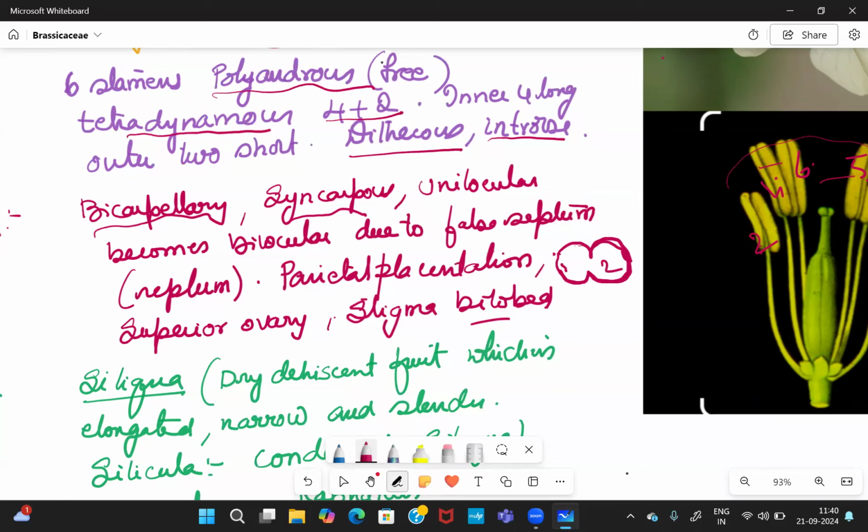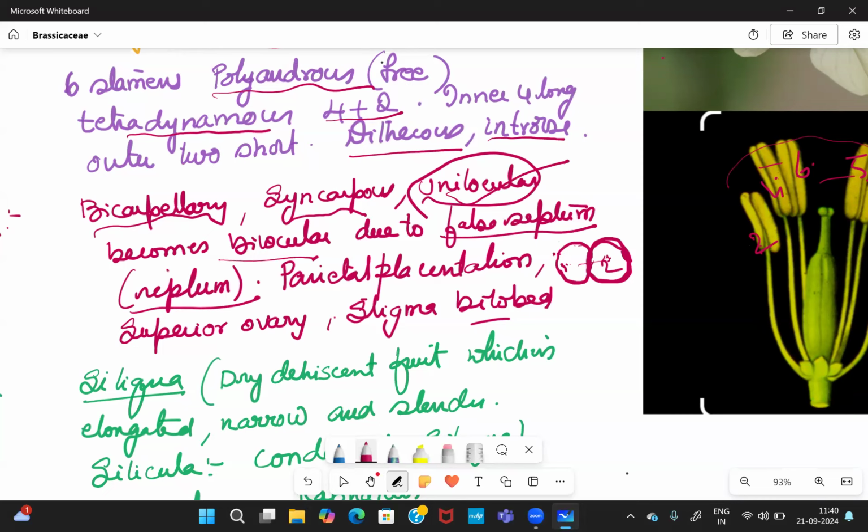And what about the number of locules here? Only one locule, unilocular condition we are seeing in the beginning. But due to the formation of a false septum called the replum, it becomes bilocular.